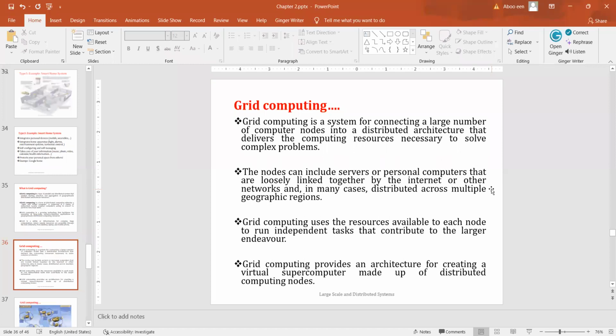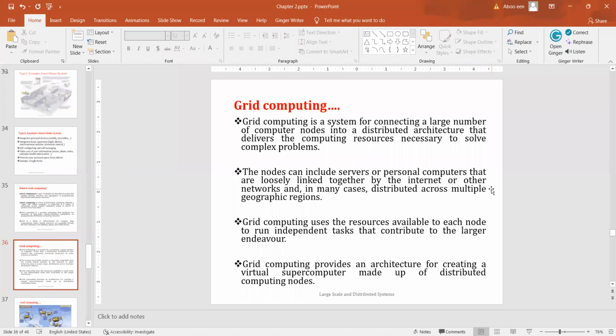Grid computing provides an architecture for creating a virtual supercomputer made up of distributed computing nodes. So there are possibilities to get a virtual supercomputer. You know, supercomputing power is very high. Compared to other computers like minicomputers, supercomputers have a huge computing capacity, so they can compute and handle a huge amount of data.